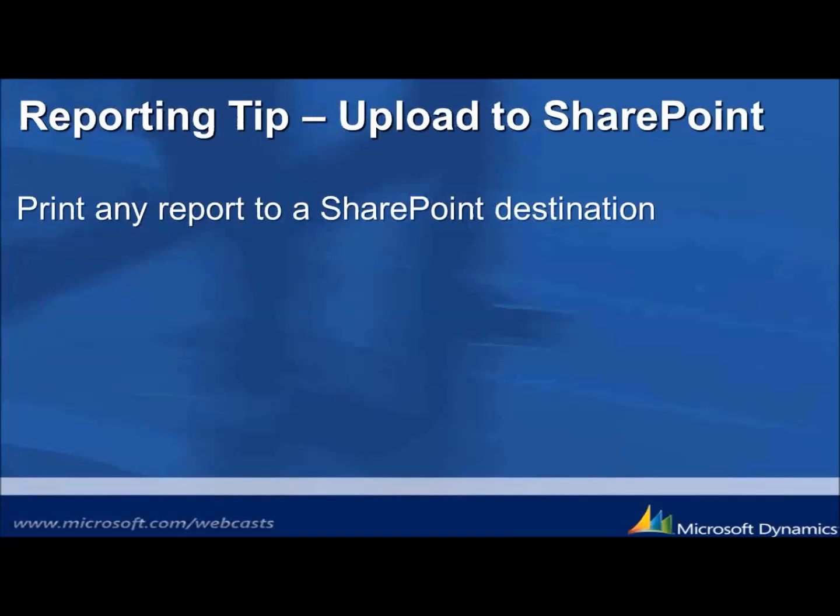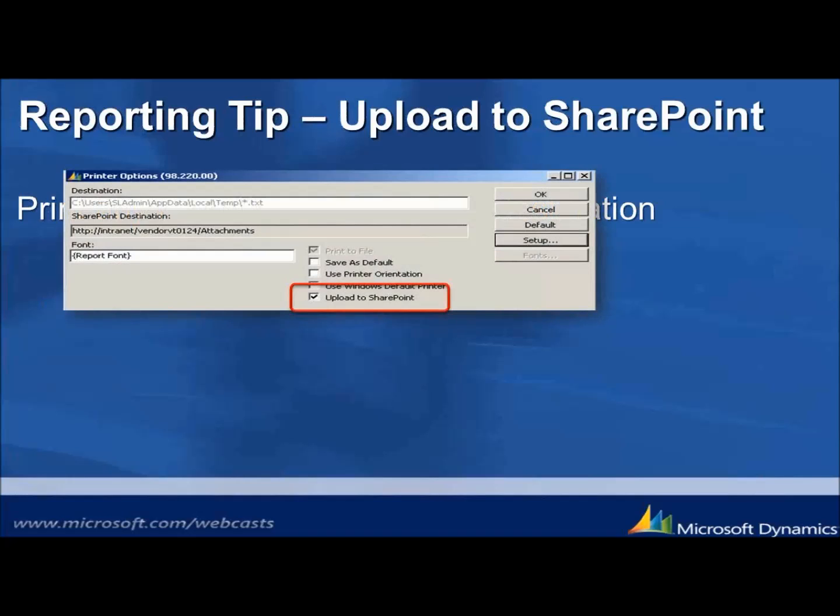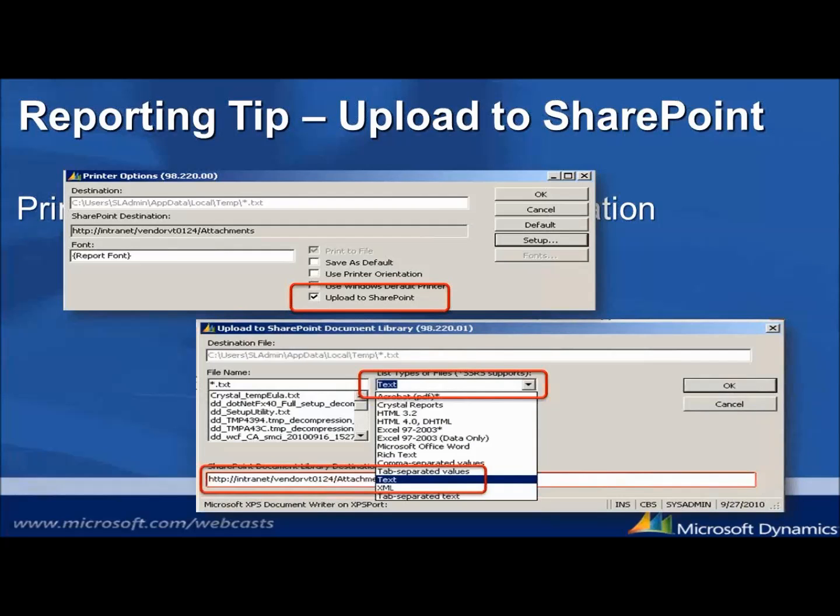That's the tip. The ability to upload reports to SharePoint. So any report can be uploaded to SharePoint now. So in the printer options screen, you'll see a new option there to upload to SharePoint. Once you select that option, you have to tell it what the destination file will be, what the path is.